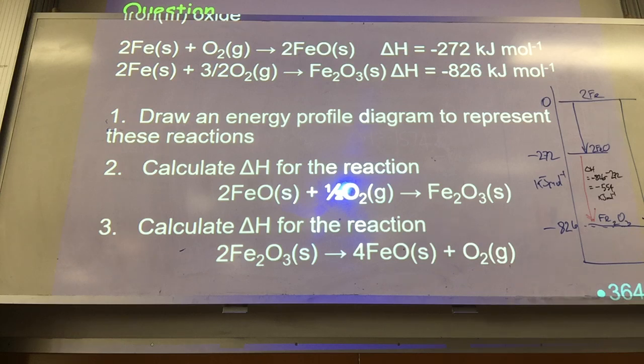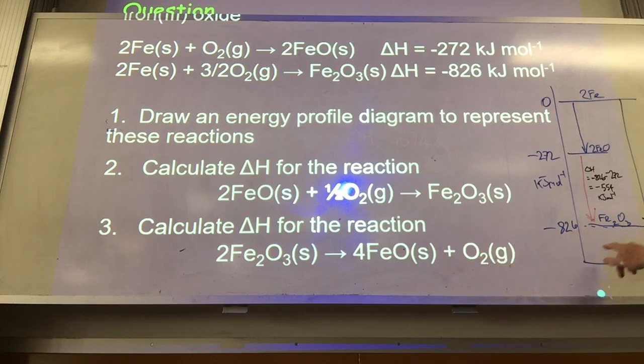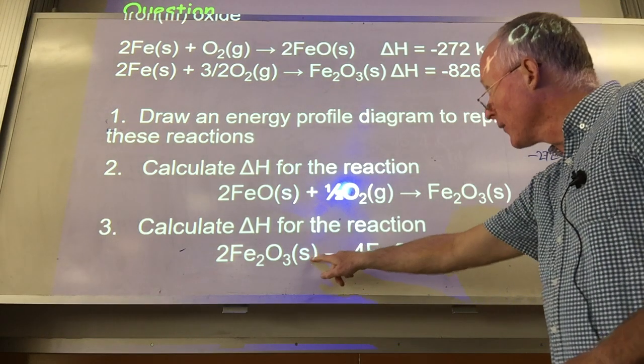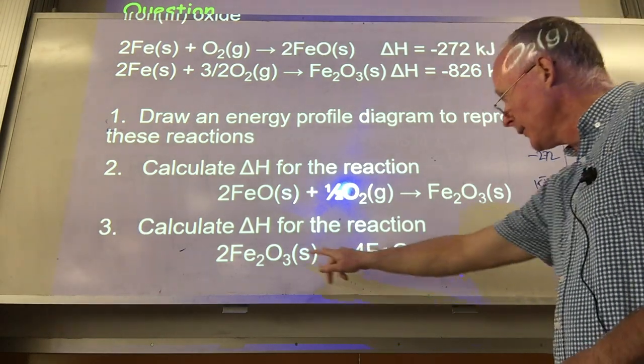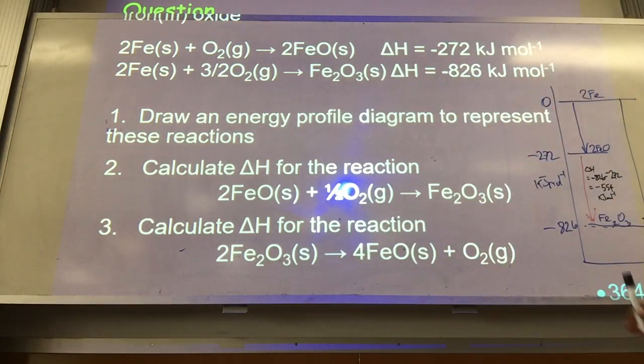Okay, now the second question is going the other way. It's going from Fe2O3 up to FeO, but it's also doubling the moles. So we're going from 1 mole of Fe2O3 to 2. So we're going to be going in the up direction, and we're going to need to double our values. So let's just extend that line over a bit.